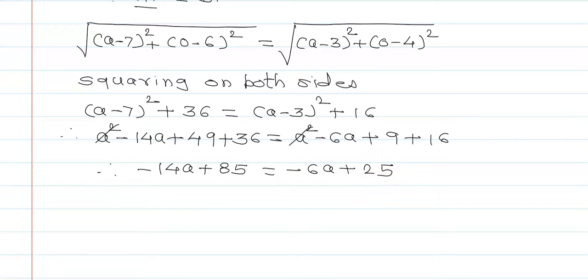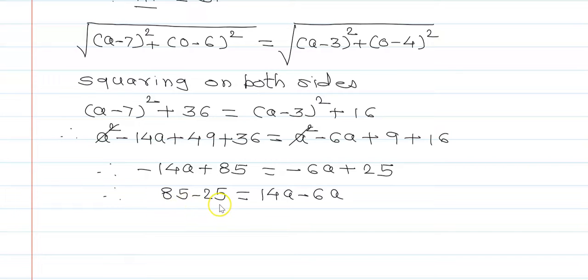Therefore, 85 we can simplify. 85 minus 25 equals 14a minus 6a.